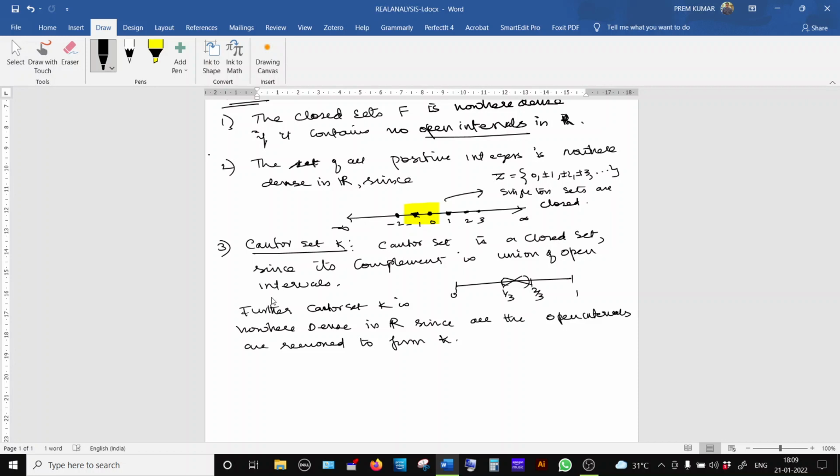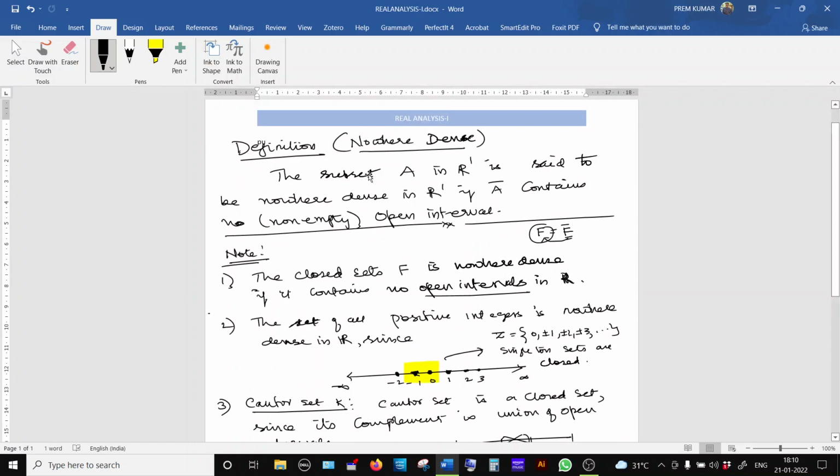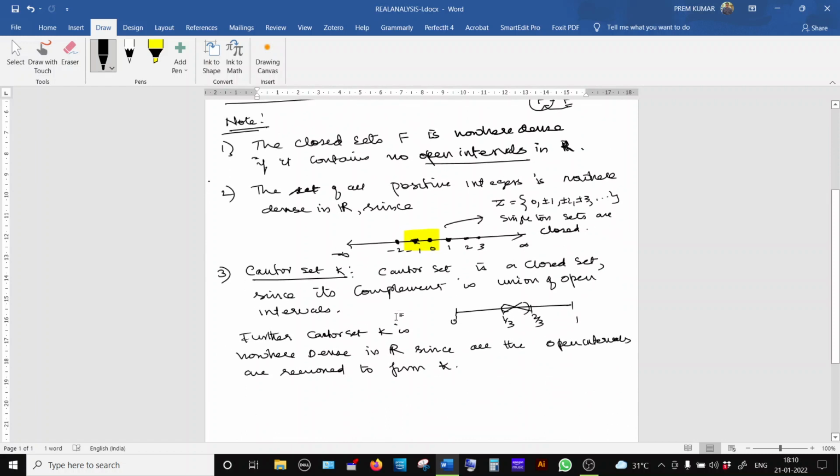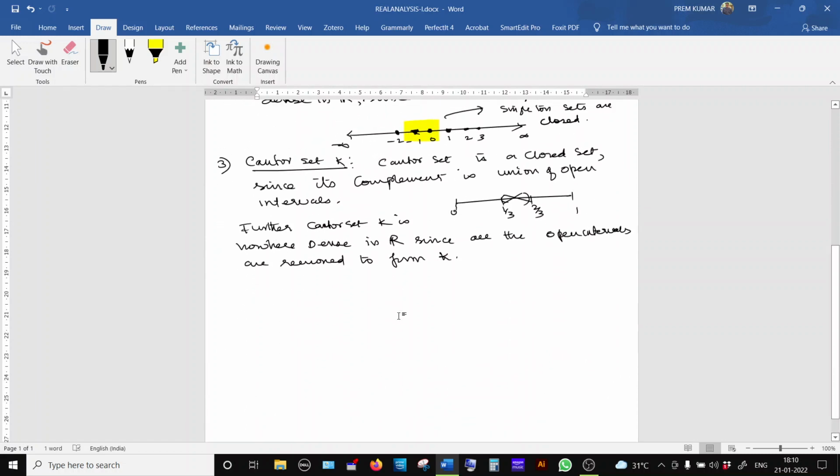And already we proved that it is a closed set. So it is a closed set containing no open intervals. Therefore, as per the definition, we can say that the Cantor set is a nowhere dense set.